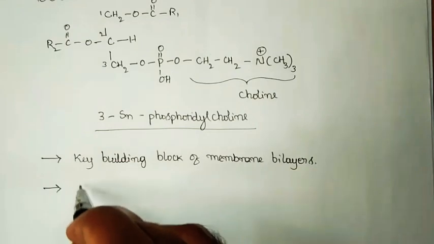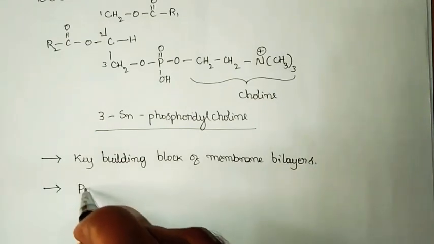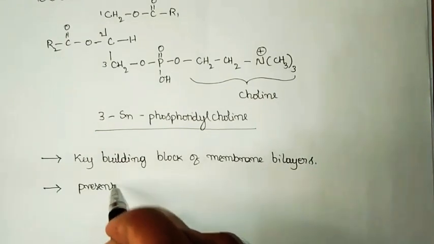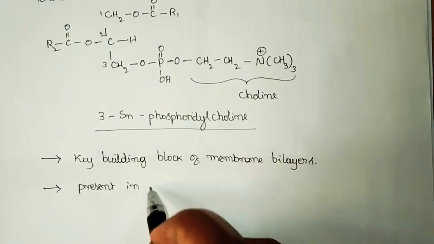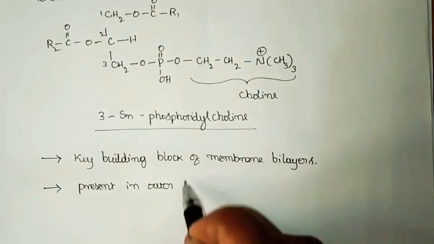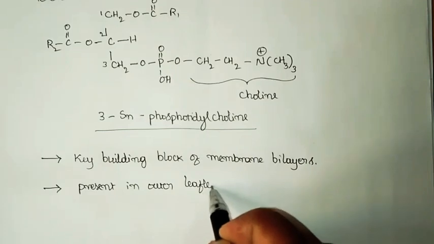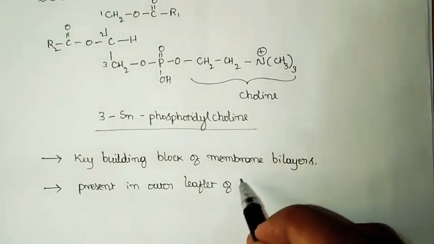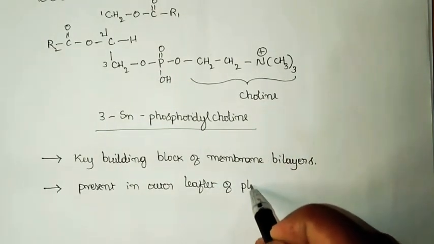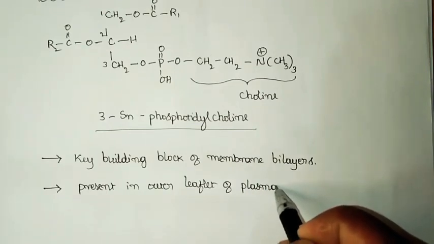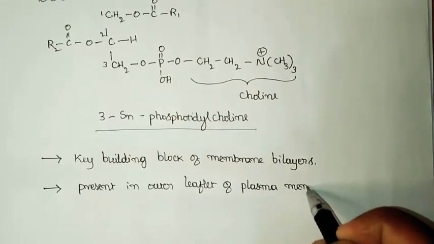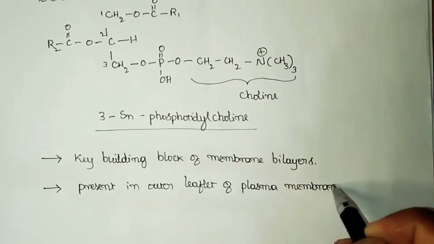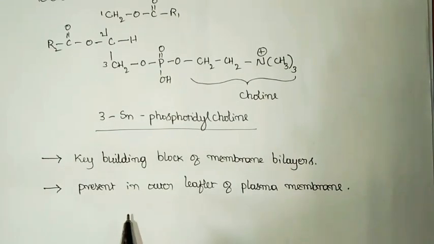So in the plasma membrane, lecithin is mainly present in the outer leaflet.